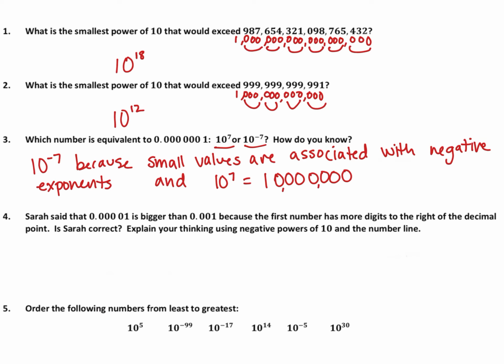Positive exponents are associated with really big values, and negative ones go with small values.